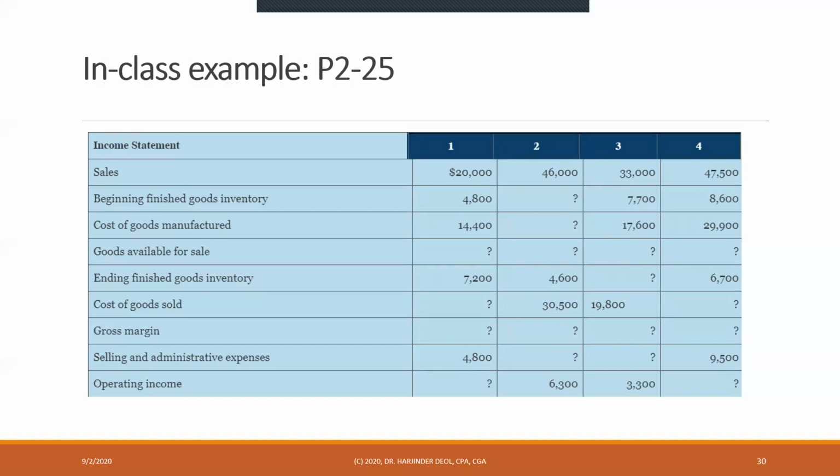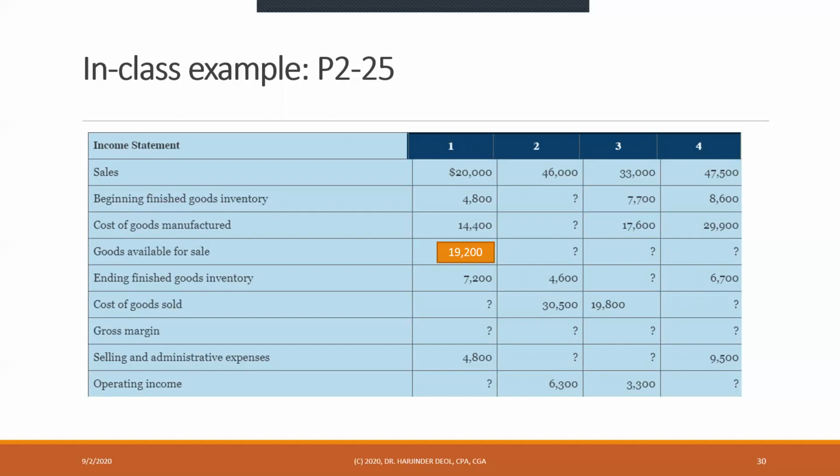So in case 1, the goods available for sale is the first missing number. You got to remember, goods available for sale is nothing but beginning finished goods inventory plus the cost of goods manufactured. Beginning finished goods inventory is $4,800. Cost of goods manufactured, $14,400.